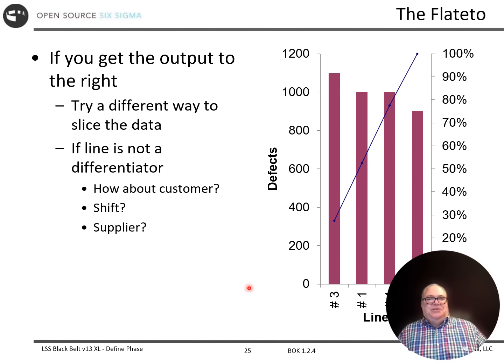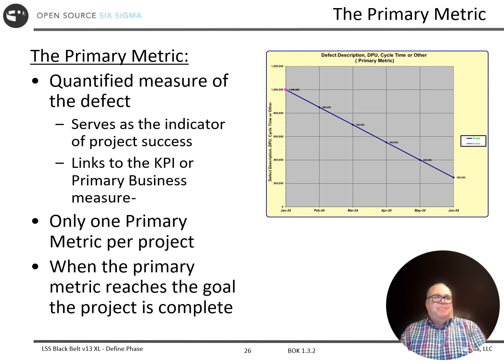All right, so now that we have our business case, our objective, we've thought about scoping, it's time to enter in our primary metric. And in the template that we've given you, you can actually track it, not only from maybe some historical period, but also you can track it as the project progresses.